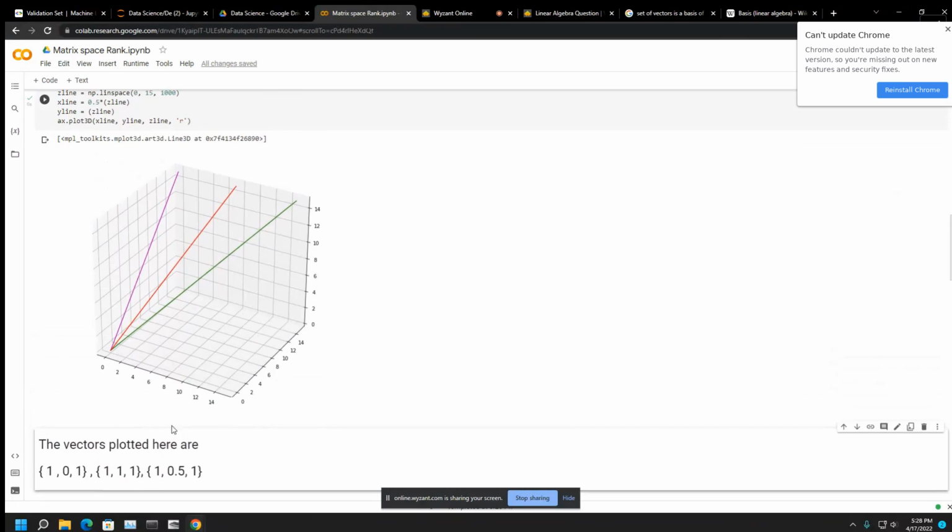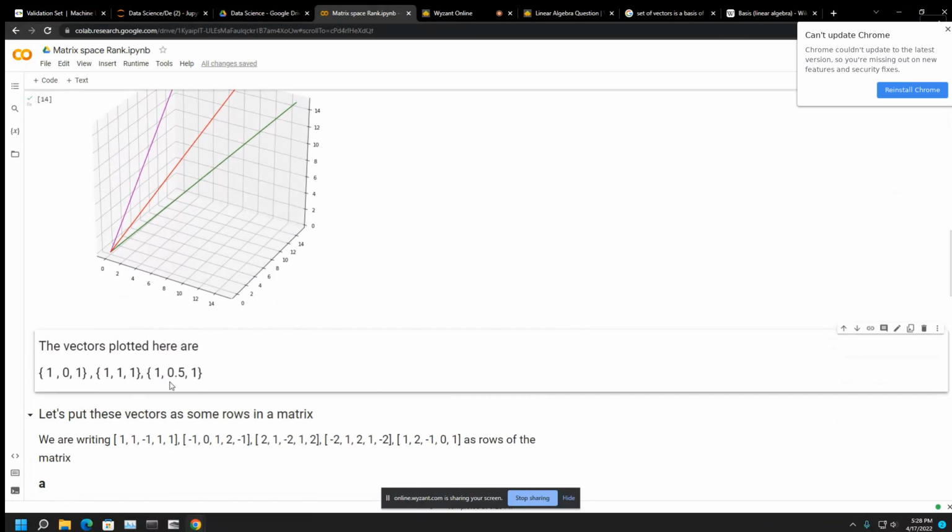So why is this? It is because if you look at the vectors, you can get the third vector by adding the first 2 and dividing by 2. So if you add the first 2, this becomes 1 plus 1, 2, and then 1 and 2. And then you divide by 2, it becomes 1, 0.5, and 1.